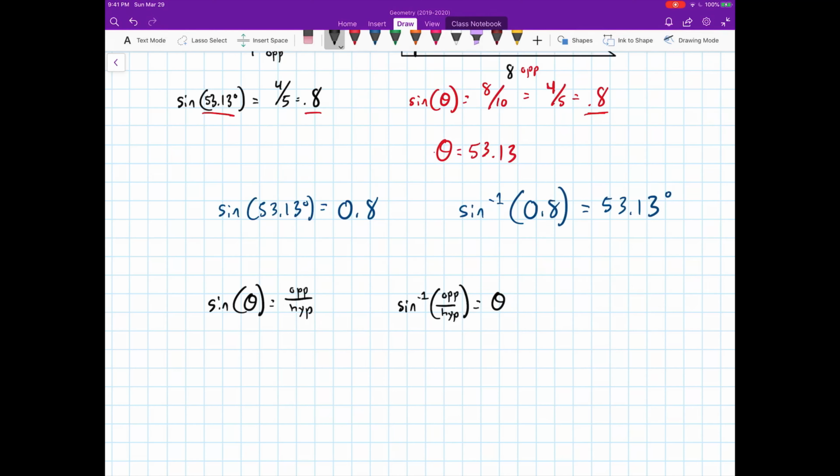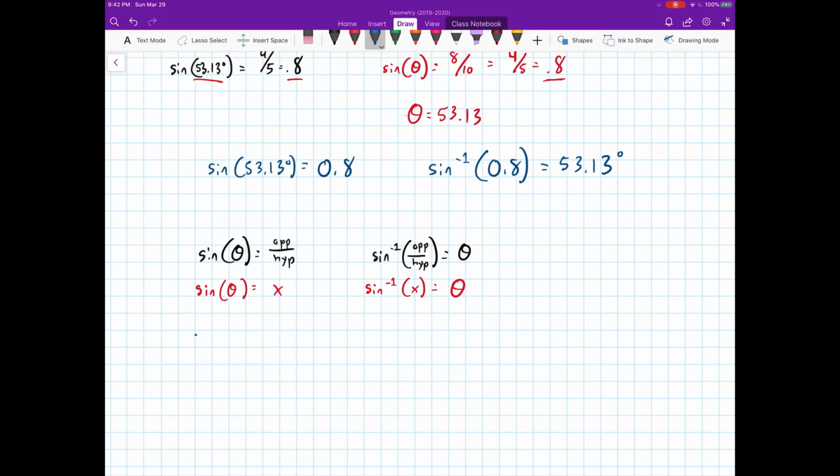And because some students have preferred it in the past, you might also like to write: if sine of theta is equal to x, then the inverse sine of x is equal to theta. Same sort of thing. All it is is you put the ratio into the inverse, and it gives you the angle back out.